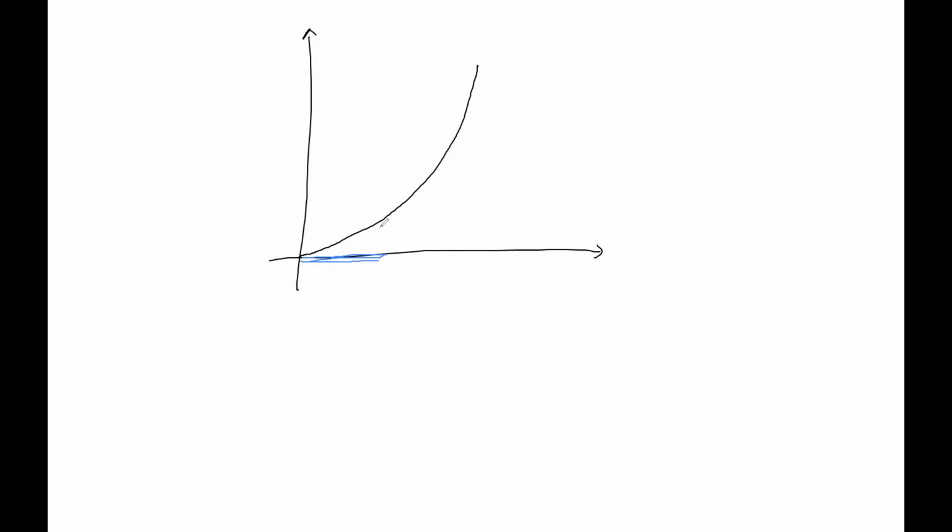Say this is alpha, so this will be alpha squared, right? Okay, let's look at the geometry carefully. Say x squared.